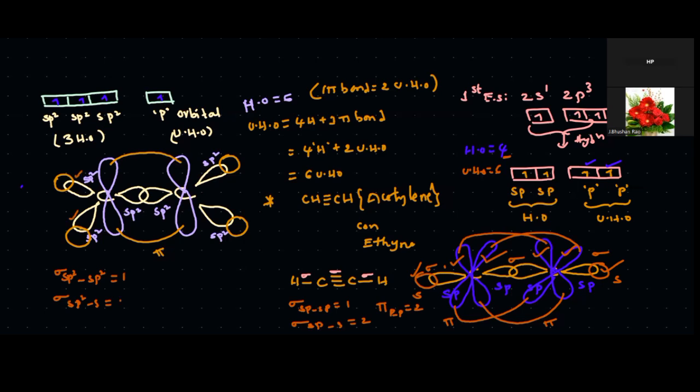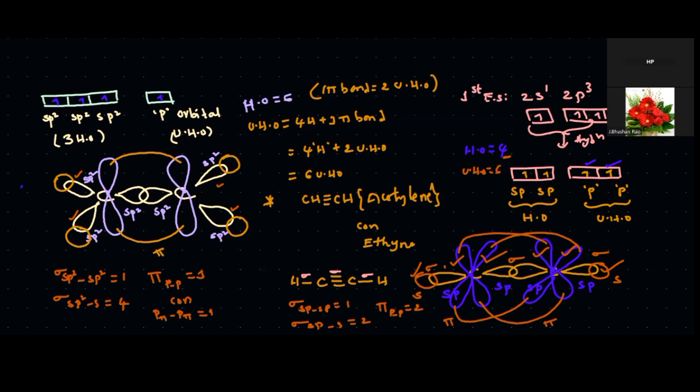Next, number of pi bonds: pi p-p bond equal to 1. Or we can also write this one, p pi bond equal to 1. Here also we can write same, p pi bonds equal to 2. So these are the identification and calculation of number of sigma and pi bonds and hybrid and unhybrid orbitals.